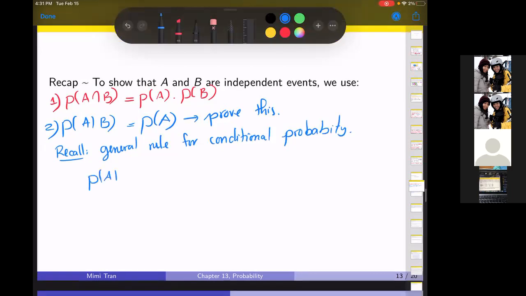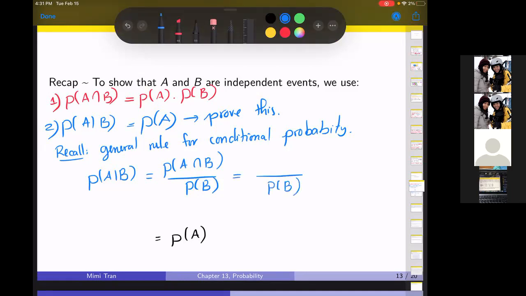P of A given B is, remember I said the proportion, the fraction of what? P of A and B divided by P of B. At the end, I want it to be just P of A. I want it to come from here to here. Because A and B are independent, what happens? The bottom stays the same.